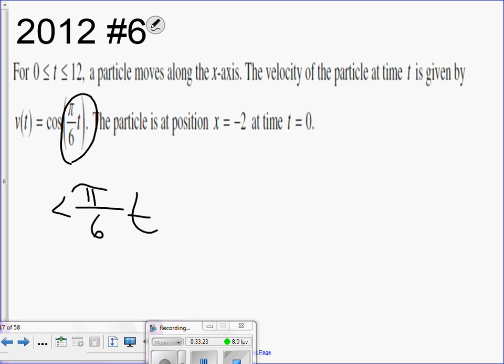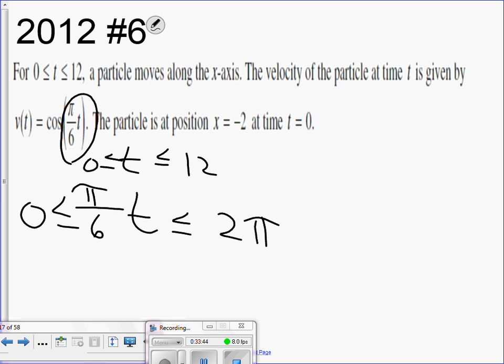If t is a number between 0 and 12, what is pi over 6 times t going to be between? 0 and 2 pi. So we're talking about an angle that's going from 0 to 2 pi.